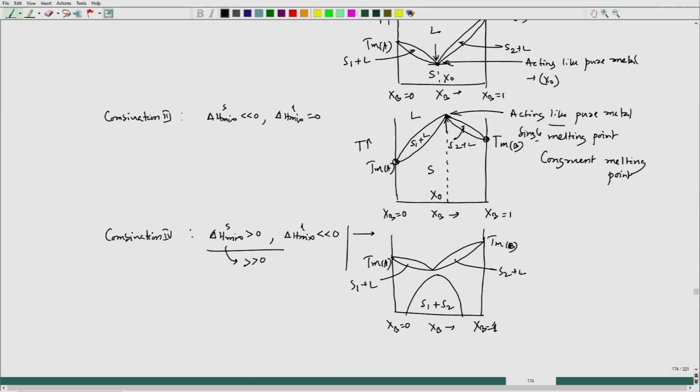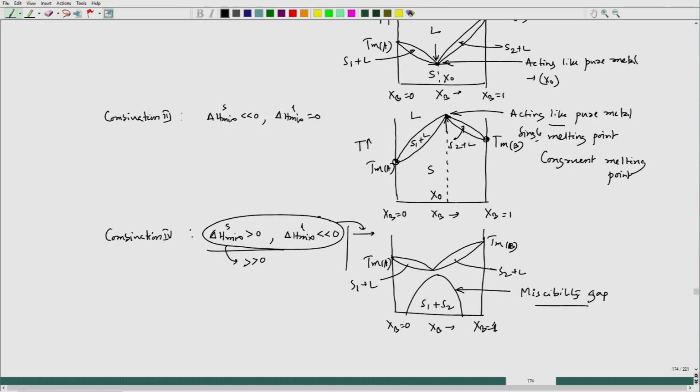This particular gap comes when the delta H mix is positive, and this indicates a miscibility gap. That means we have a possibility of phase separation. And we have talked about this combination.